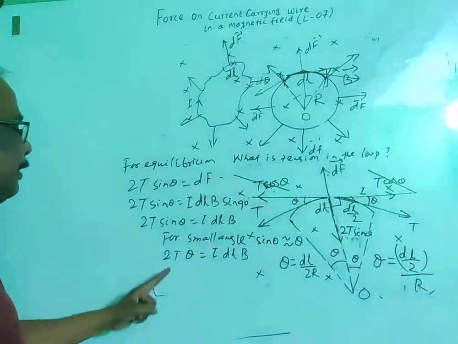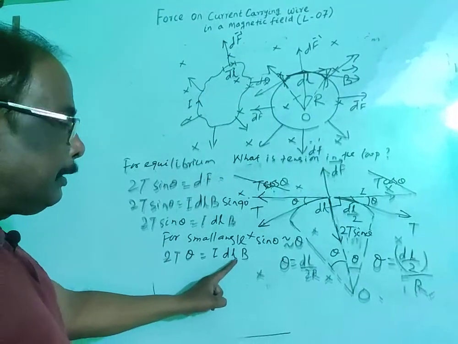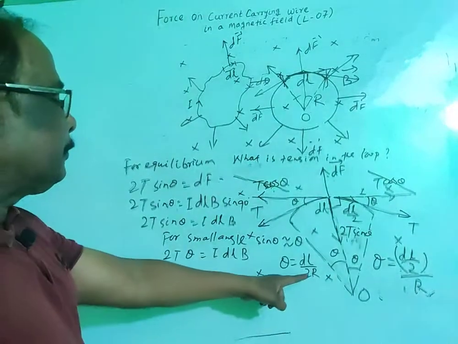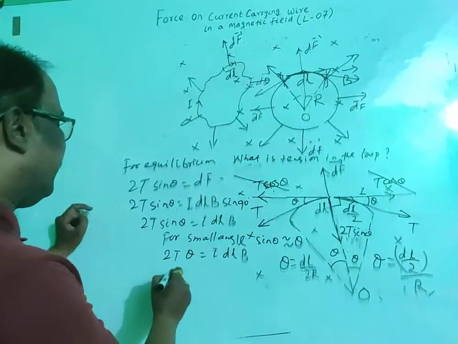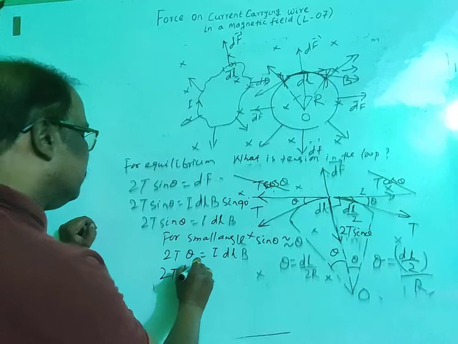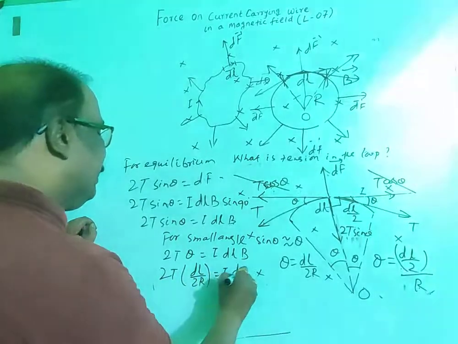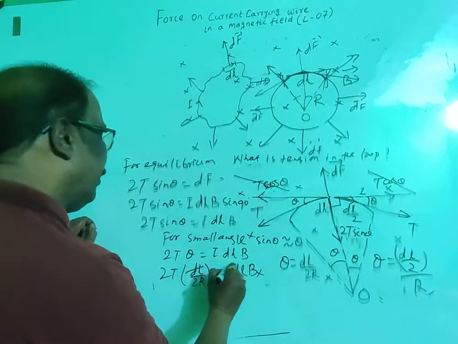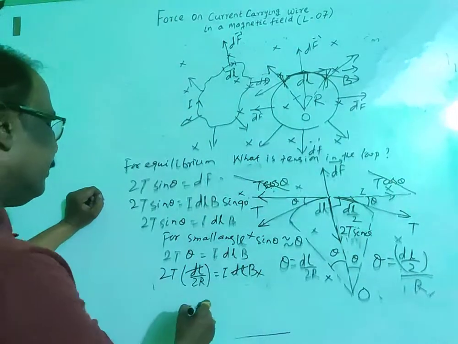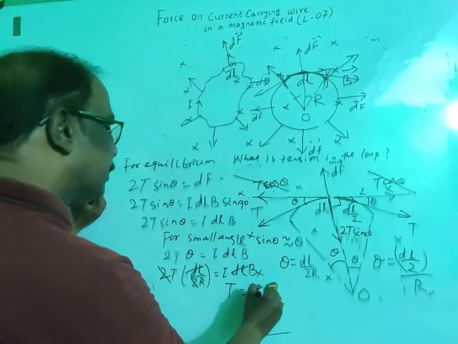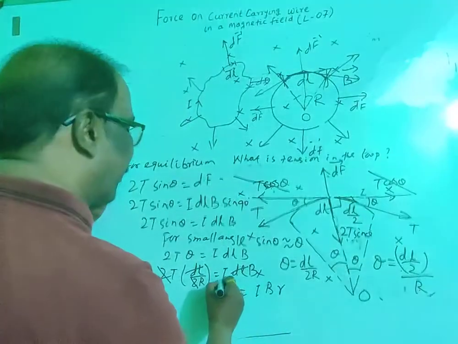Then here 2T into theta is equal to I dl B. Just put in place of theta: 2T into dl by 2r is equal to I dl into B. The dl gets cancelled, the 2 gets cancelled, then tension is equal to I B r.